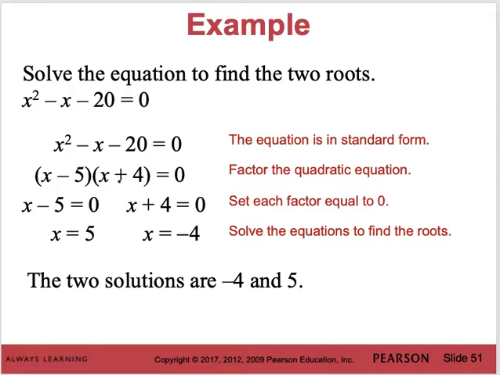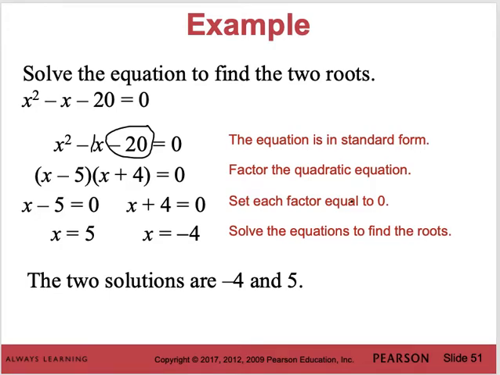Factor, so we can ask ourselves what two numbers multiply to equal negative 20? Keep in mind one of them has to be negative. And add to equal negative 1. 5 times 4 is 20. Negative 5 plus positive 4 equals negative 1. So there's our two numbers.